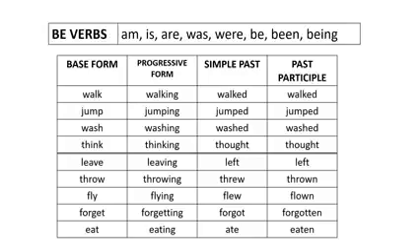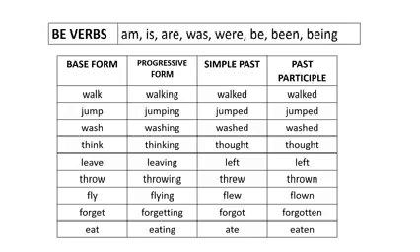Again, they are called irregular verbs. Okay, we have here the first example. Think. The progressive form is thinking. Simple past is thought. Past participle is thought. So you did not add -ed to form the simple past and past participle. So you just simply change the spelling of the verb.